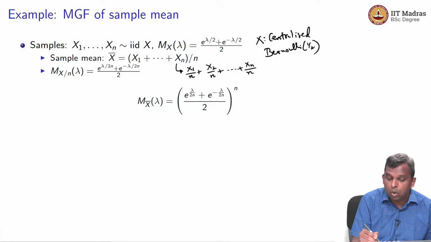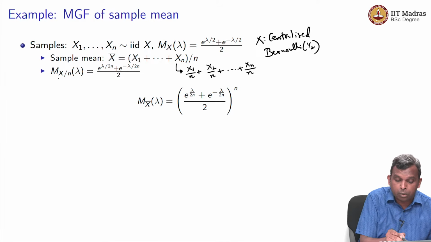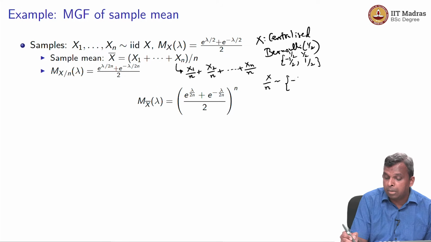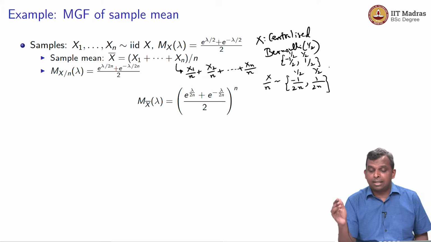Now what is this? What is X by n? Now this X is centralized Bernoulli, so X is minus half, half with probability half, half. X by n is actually minus 1 by 2n and 1 by 2n with probability half, half. It gets shrunk, right?